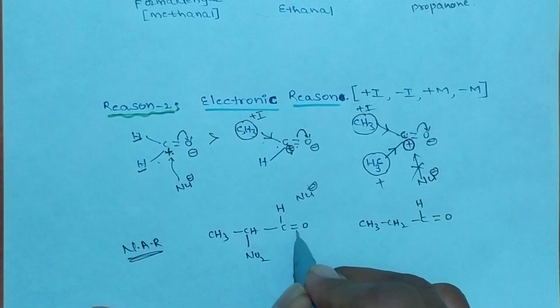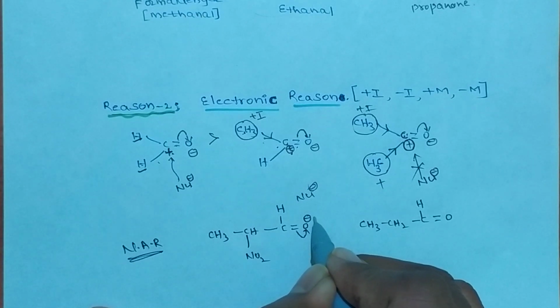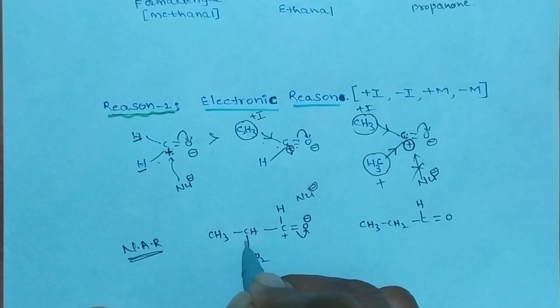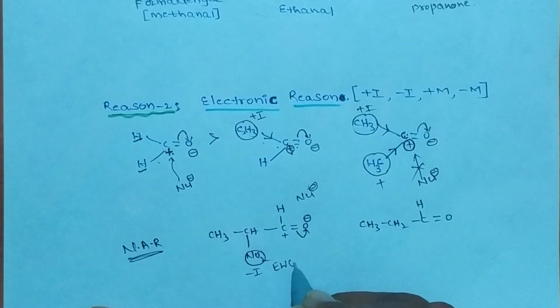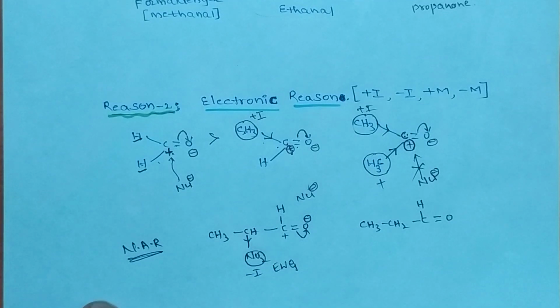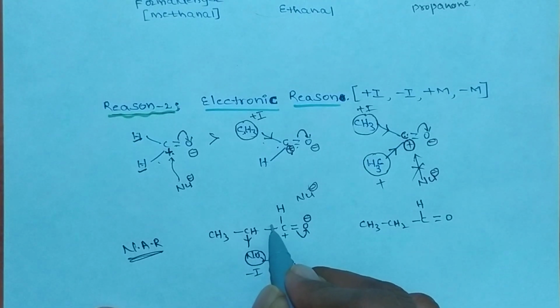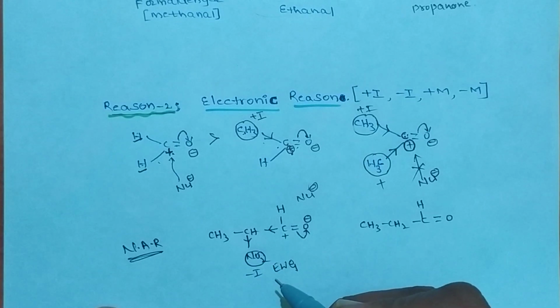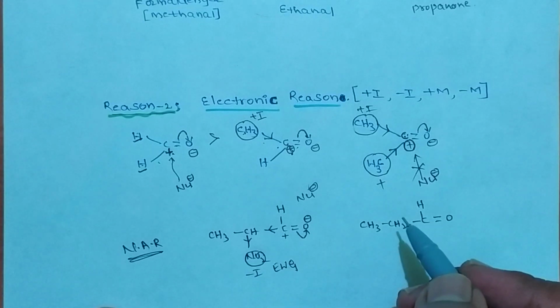See, now here this oxygen is more electronegative, so therefore more negative. This is positive. Now this is an electron withdrawing group, minus I effect. Now this group is withdrawing the electrons from this carbon. Immediately this carbon feels a deficiency, so this carbon will attract the electrons from this carbon.